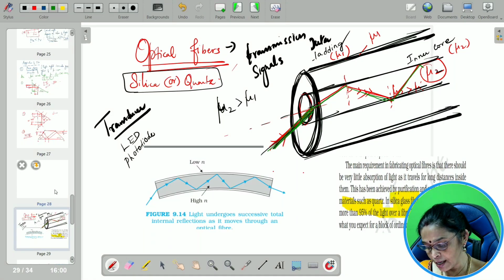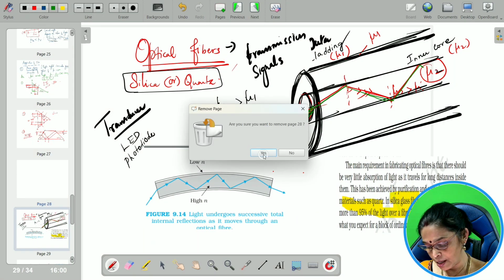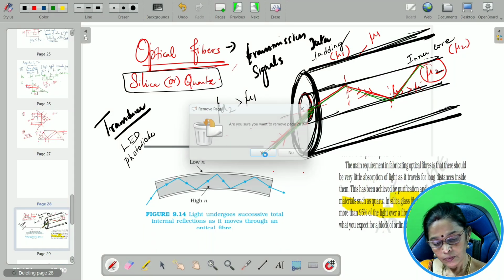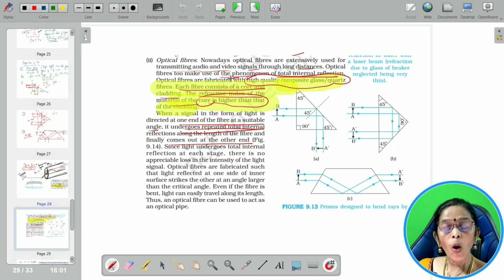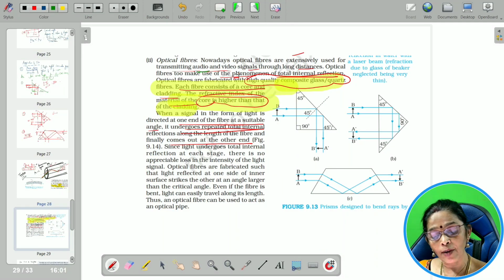We have seen that optical fibers are extensively used in transmission of audio and video signals, and of course, it is based on the phenomenon of TAR. Each fiber consists of core and cladding.